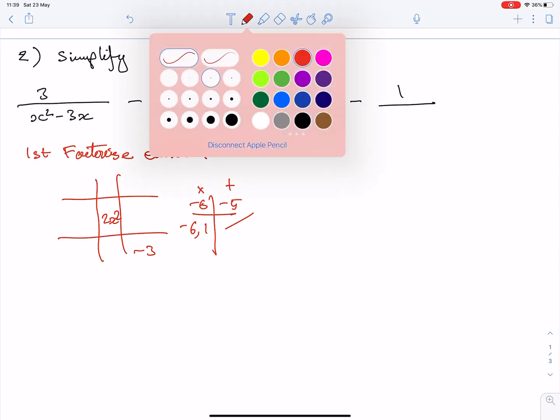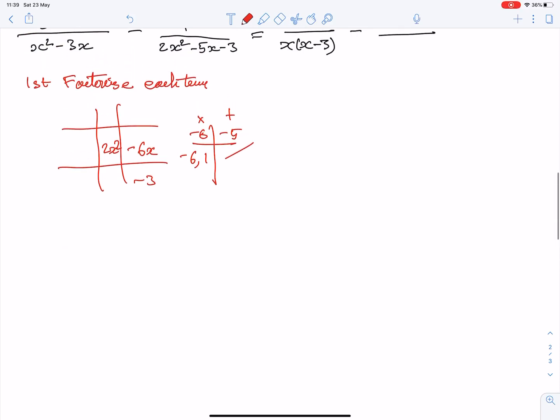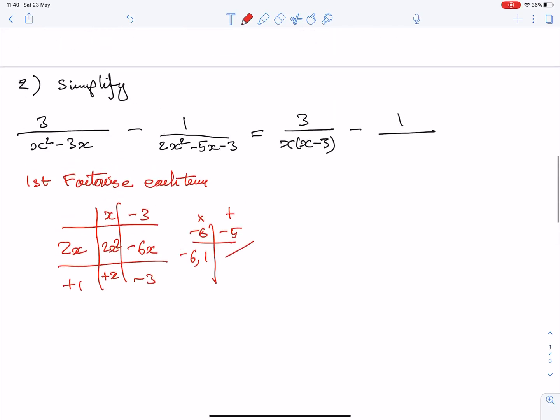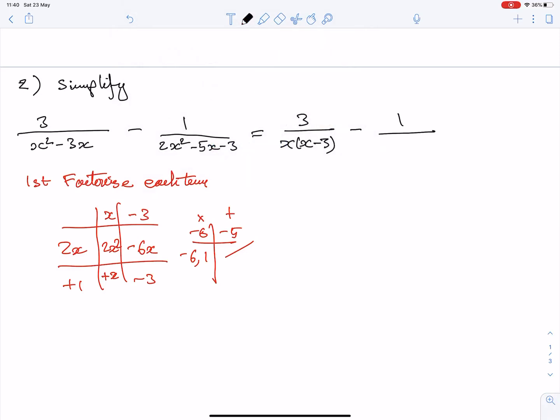So we get minus 6x plus an x. Factorise 2x, (x minus 3), plus 1. So we've got here minus 1 over (2x plus 1) and (x minus 3).